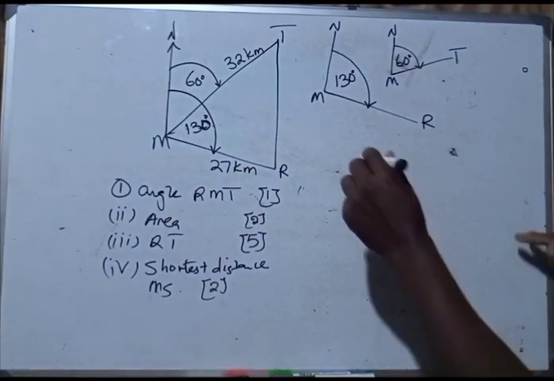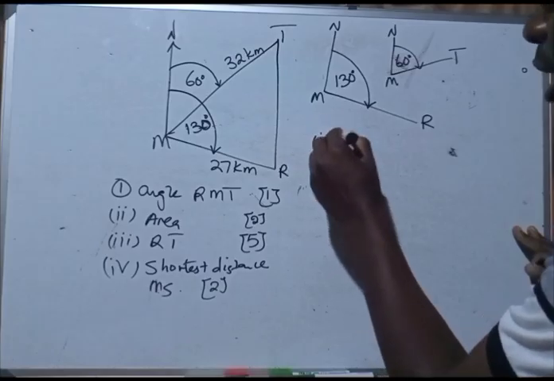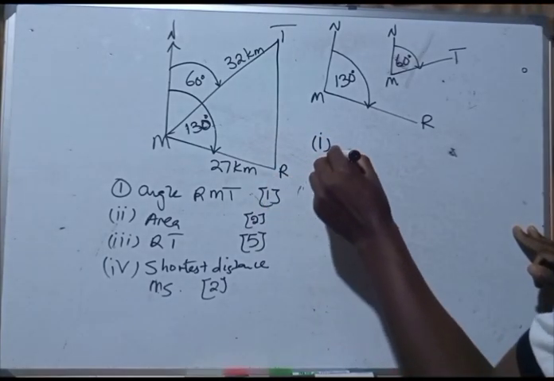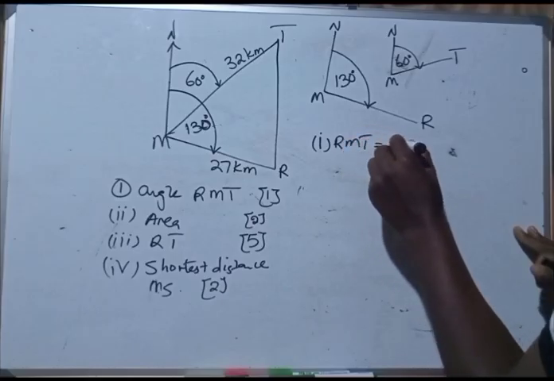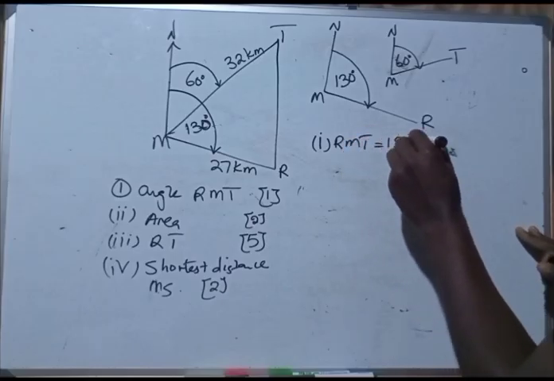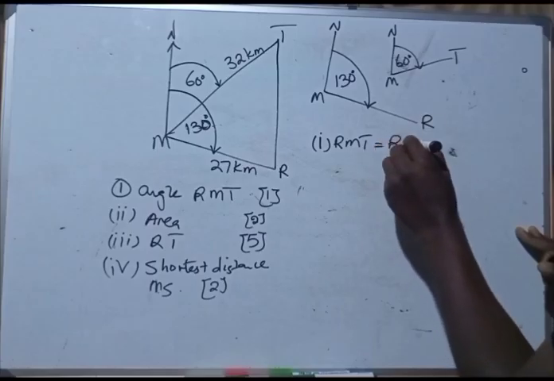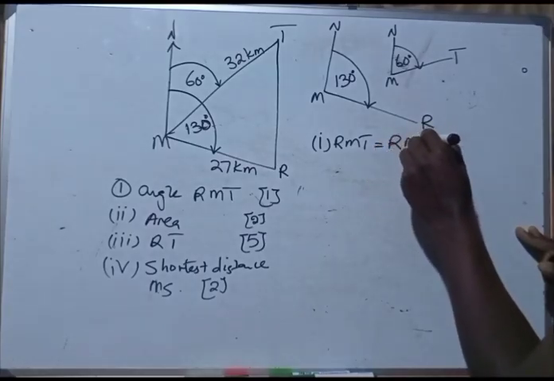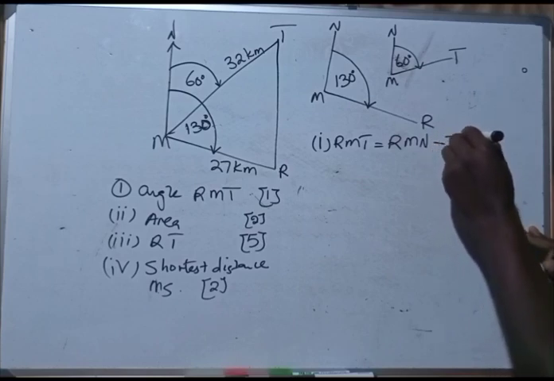So therefore, we are going to say our number one answer, which is the angle RMT, is equal to, and we can repeat that by saying, let me write it that way, RMN minus TMN.